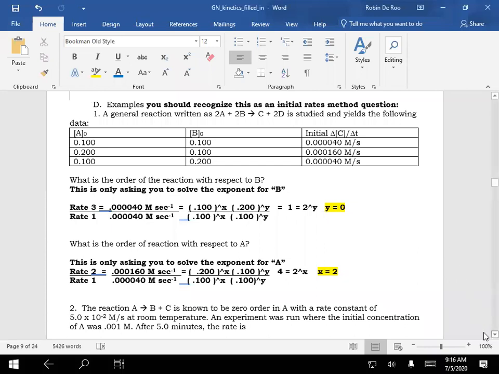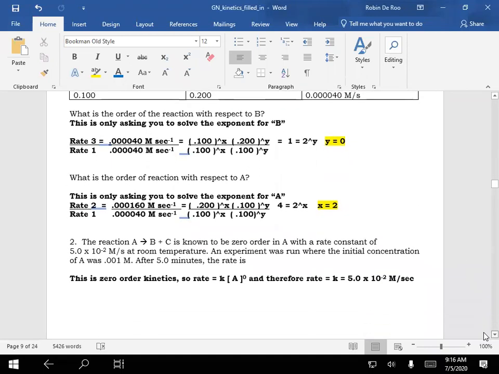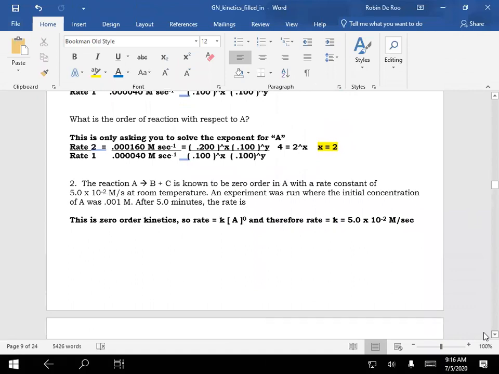Let's do another practice problem, since we're talking about 0 order equations. This is giving us this reaction. It's 0 order. We're given the rate constant, room temperature.